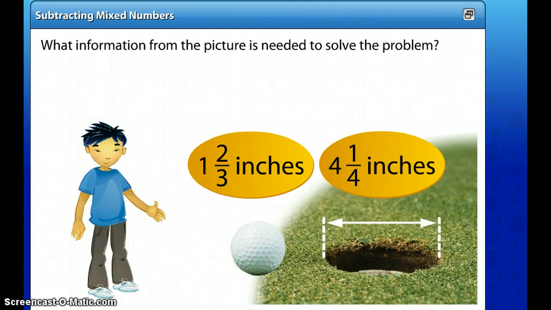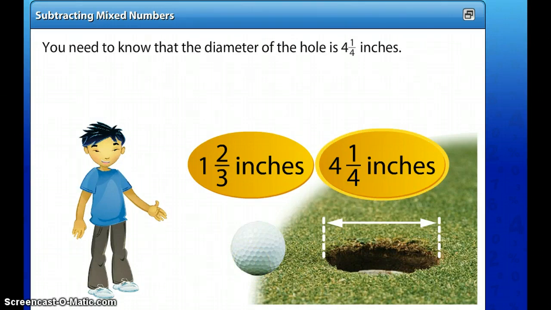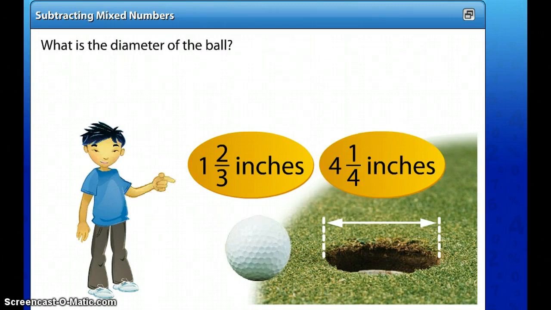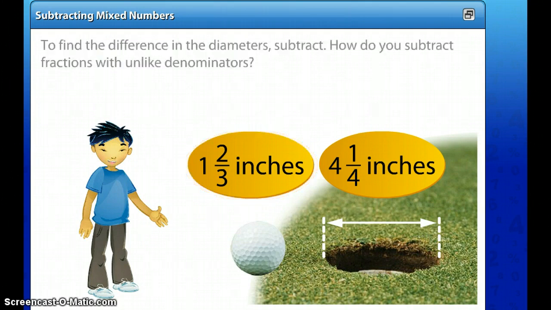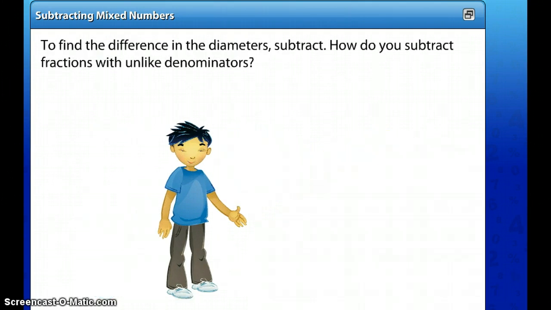Yes, we do. We need both. You need to know that the diameter of the hole is 4 1/4 inches. What is the diameter of the ball? Everybody? 1 2/3. The diameter of the ball is 1 2/3 inches. To find the difference in the diameters, subtract.